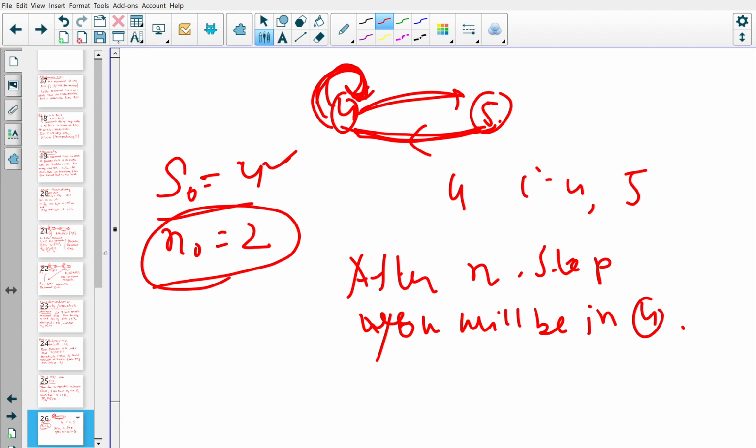So this is the property of aperiodicity, which is not there for periodic recurrent classes.